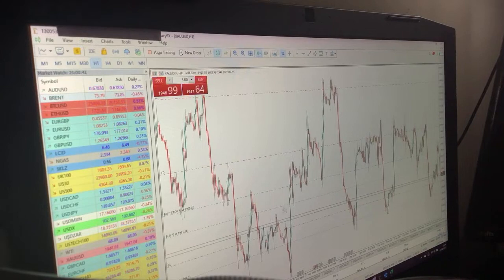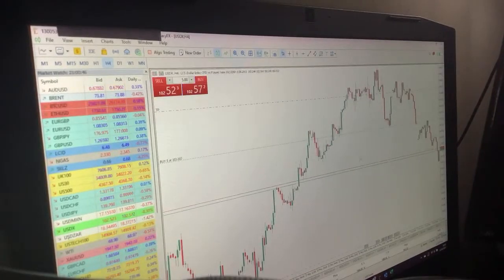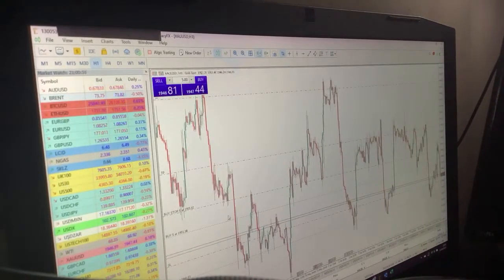Let's see if gold can do recovery. The US dollar index closed the trade, so we need to wait. We will see the recovery, and I'm just going to buy the gold.